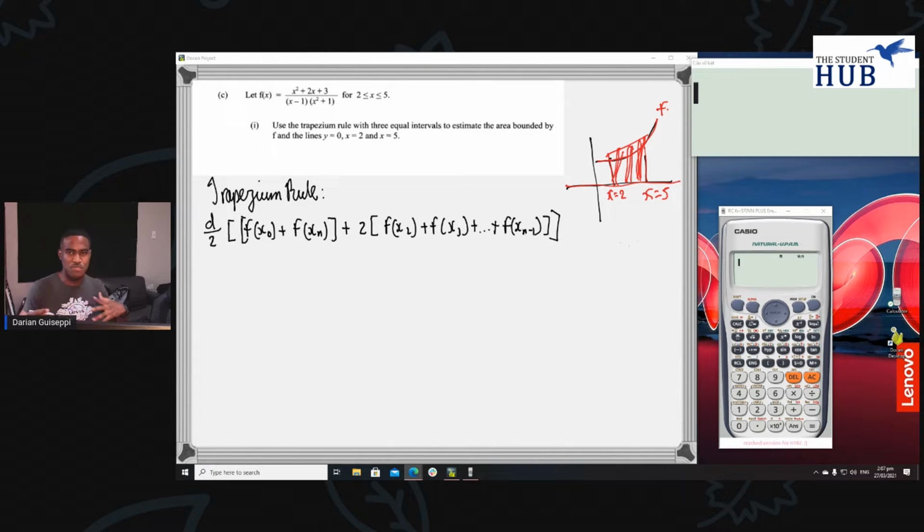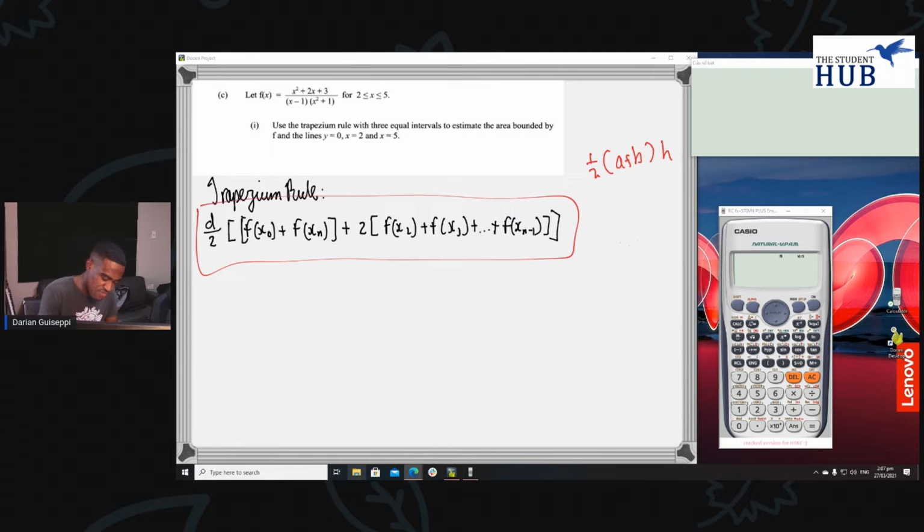As I said before, the trapezium rule is a bigger way of representing the area of a trapezium, which we know is a half the sum of the parallel sides by the height. The trapezium rule employs that same principle, and we derive this formula.